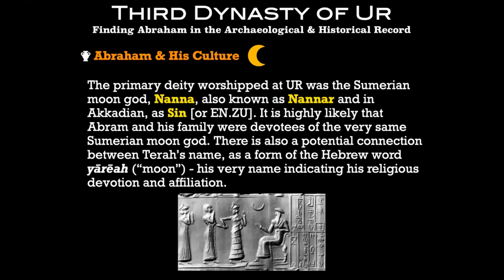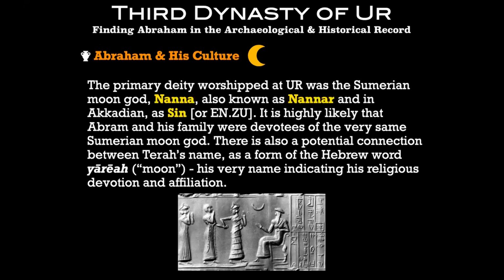Another interesting fact about where Abraham came from: the primary deity worshipped at Ur was the Sumerian moon god Nanna, also known as Nanar, and in Akkadian as Sin or Suen. So it's very likely that Abraham and his family were devotees of that same Sumerian moon god.